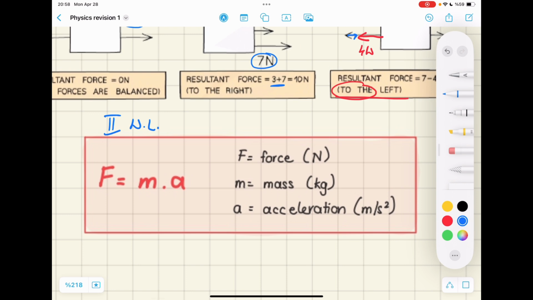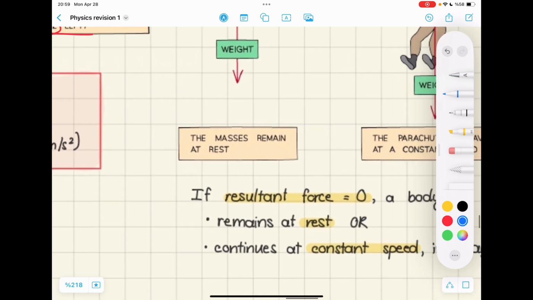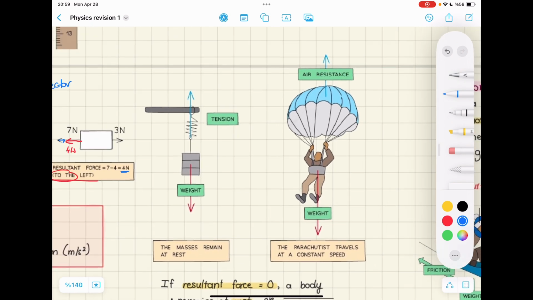and this is the format of it, and you see it's actually W equals mg. This is weight, so weight is a type of force, mass is mass, and the acceleration of the gravitational field is a type of acceleration. Now here, we also have different types of forces.